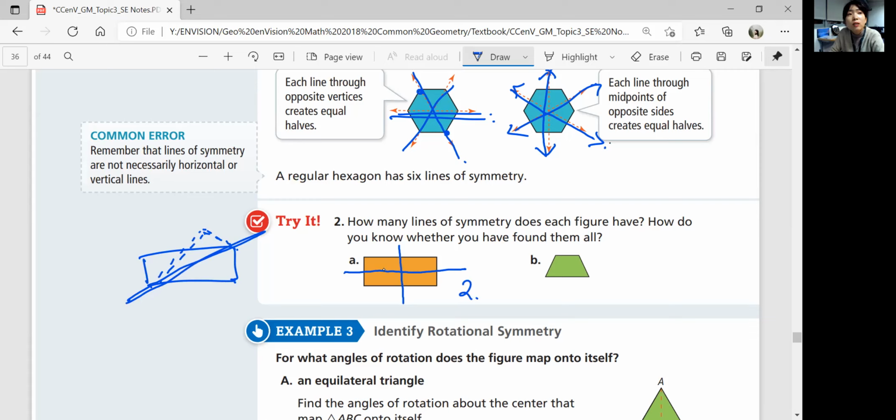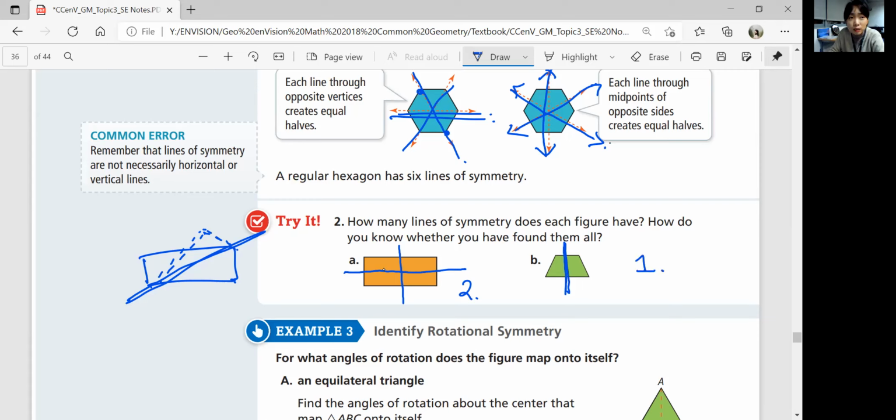Or about this trapezoid. We cannot cut it diagonally either. Can we cut it horizontally? No, the bottom base is going to be longer than the upper base. So you can only divide this trapezoid by half vertically through the center.